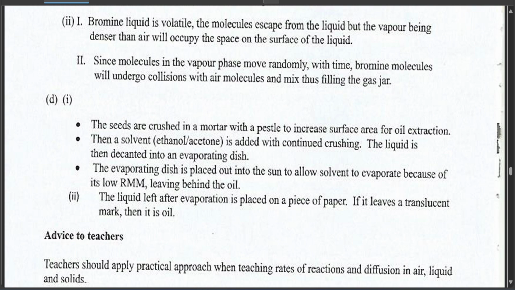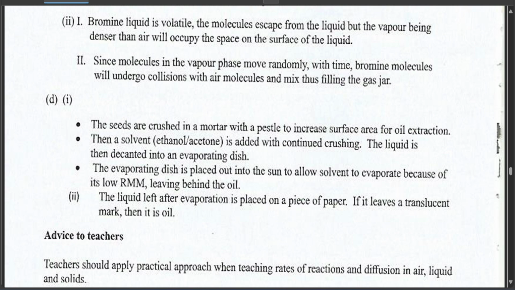Then add a suitable solvent with continued crushing. Make sure you crush and add solvent at the same time. Afterwards, the liquid is decanted into an evaporating dish, which is placed out in the sun to allow the solvent to evaporate because of its low RMM. The solvent evaporates and you are left with the oil.